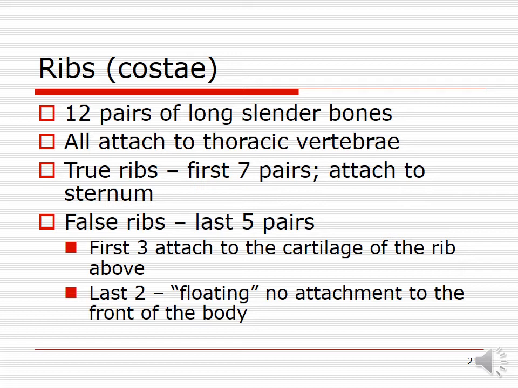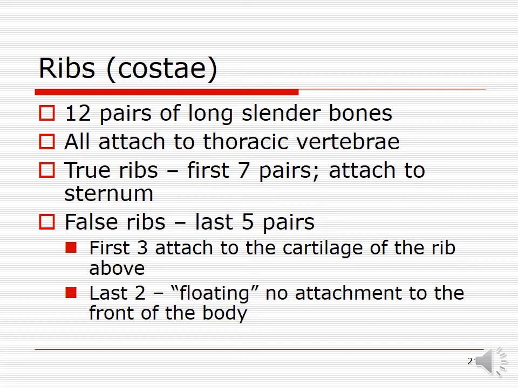The next 5 pairs after the first 7 are what are considered our false ribs. The first 7 are true ribs, the next 5 are false ribs. And those ribs connect to the sternum, but they don't connect directly. So the first 3 of the false ribs are going to attach to the sternum, but first they attach via cartilage from one of the other ribs.